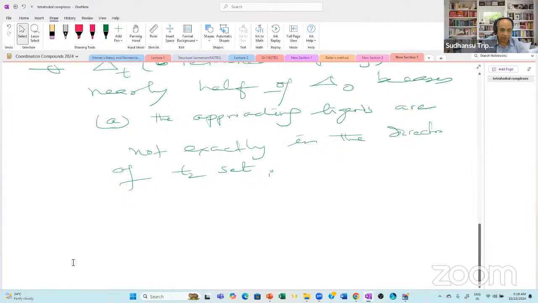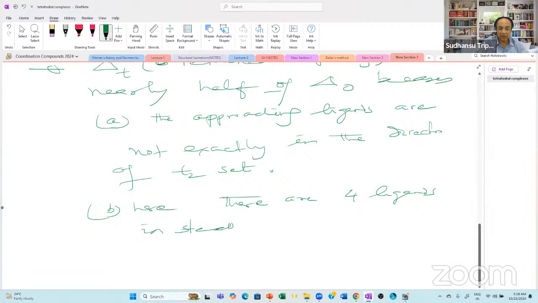And moreover, here there are 4 ligands instead of 6. These are the two reasons. In octahedral, there were 6 ligands which are attacking.